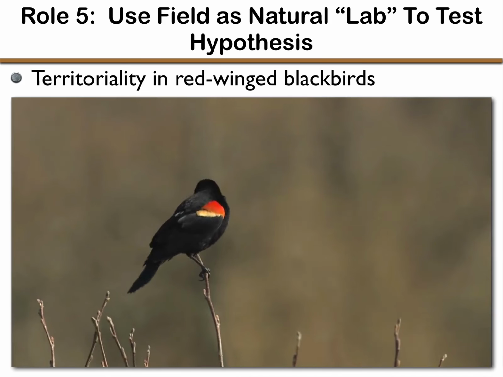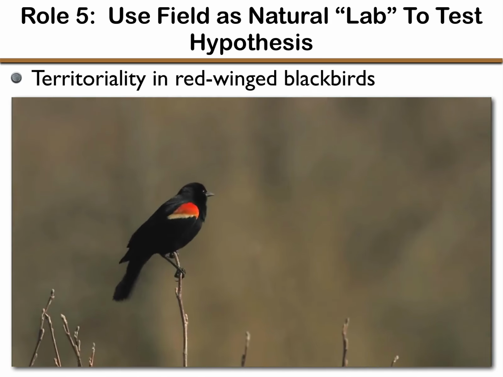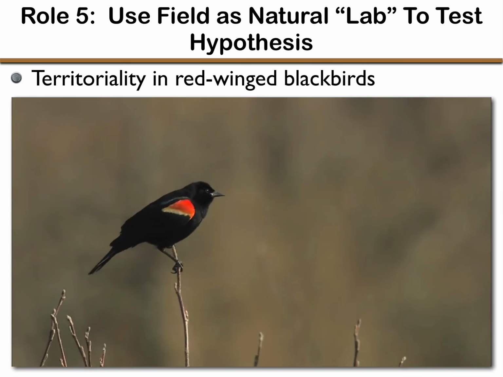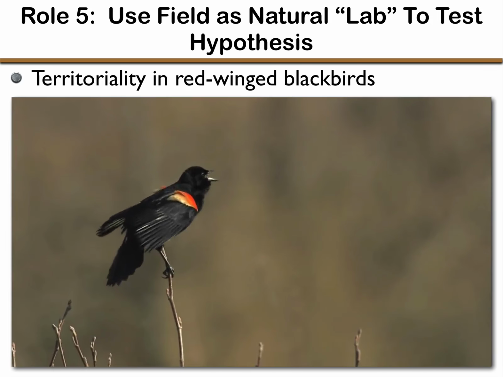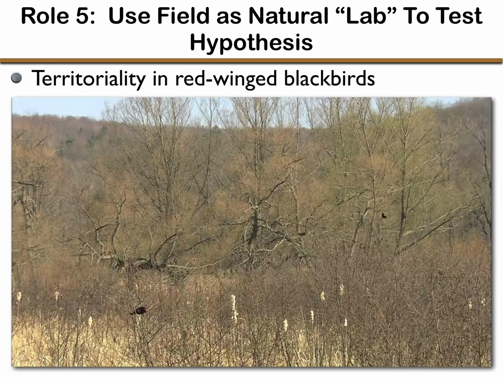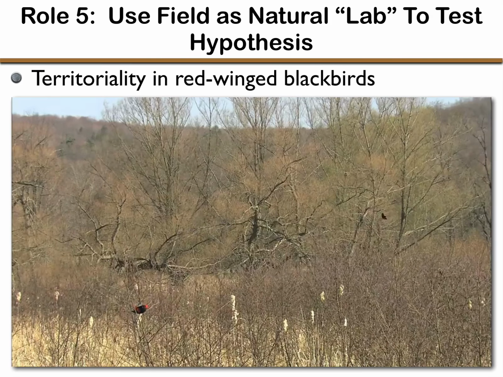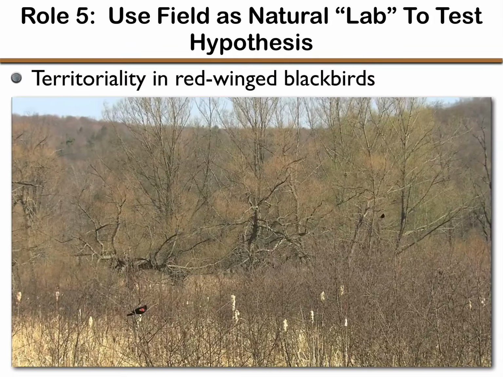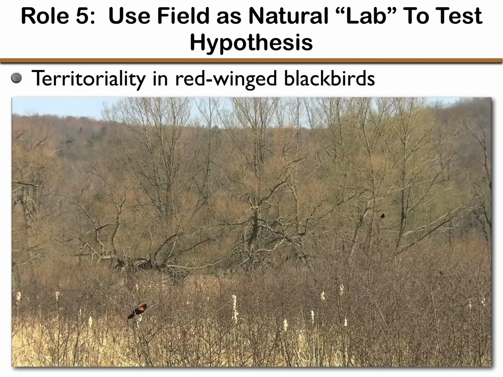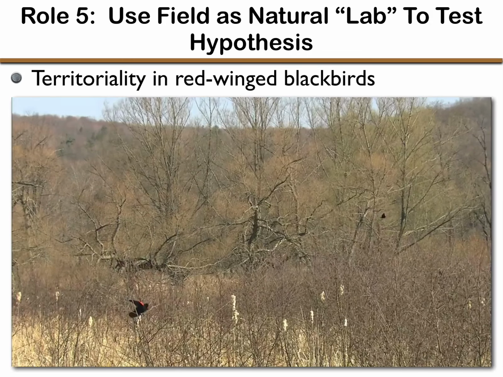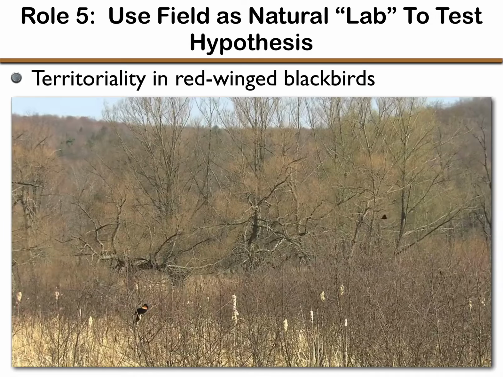Males begin these flamboyant displays weeks before female redwings return from southern wintering grounds. This display by the male in the foreground is directed at the male in the background, a strong signal of territorial ownership.